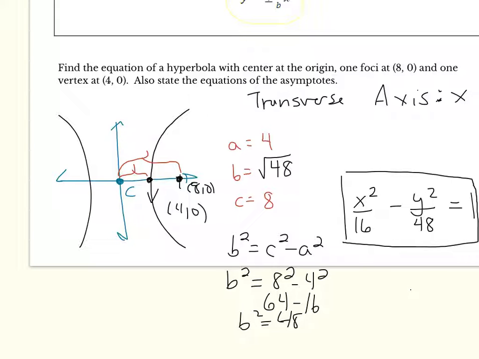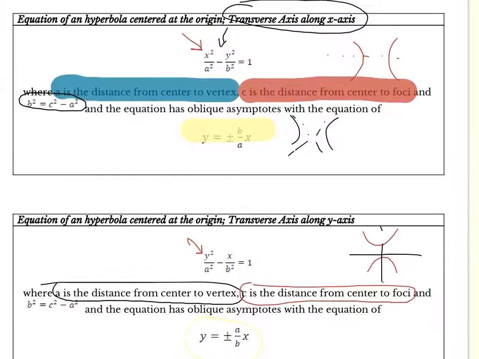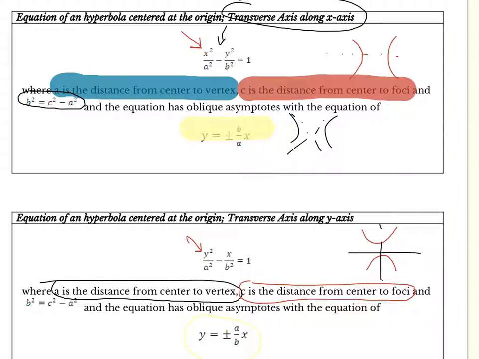If I were to graph this on, say, Desmos, this would pass through that point on the vertex. It would have that foci, although we don't see the focus, just as in the other problems. It also has the asymptotes, but if you look up here, the asymptote equations are just y equals plus or minus b over a. That's why it's important to have these notes handy, because you can know exactly what the asymptote equations are.